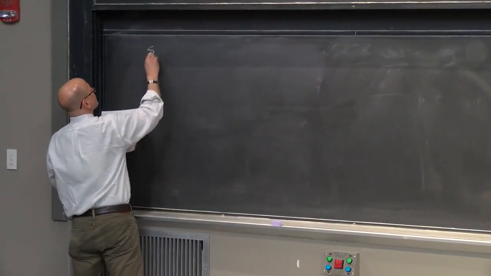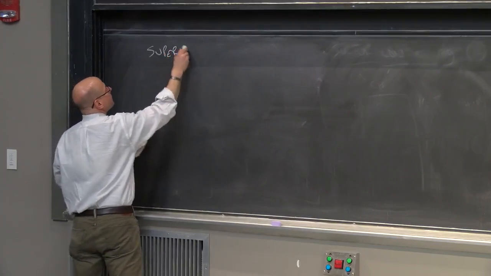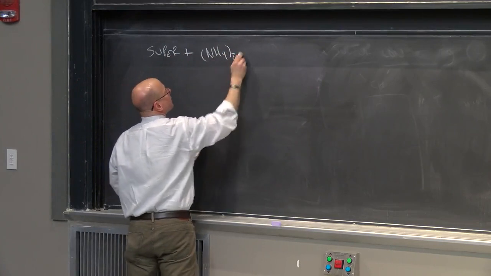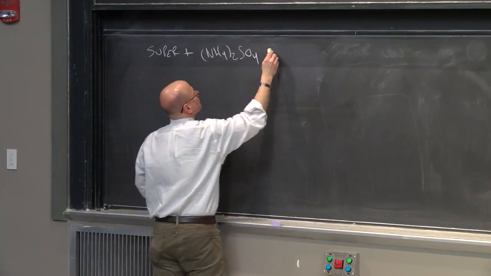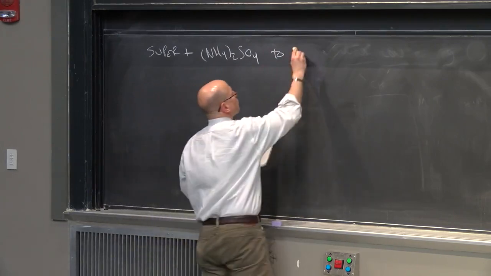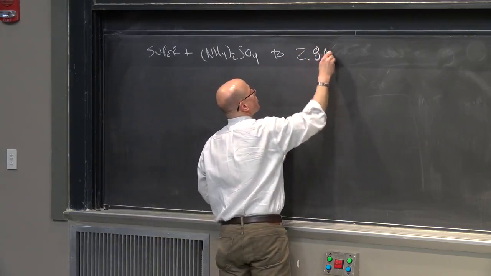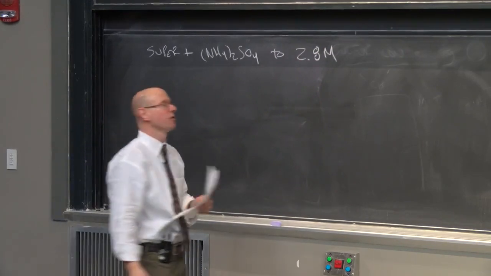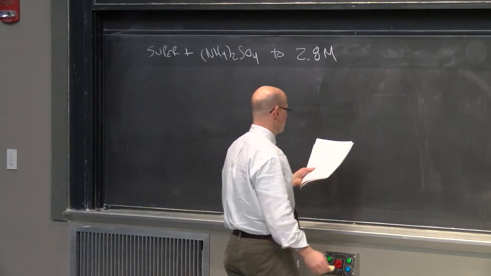Then I take the supernatant and I add more ammonium sulfate. Let's pick a number. I don't know, 2.8 molar. Could I have made this 3 molar? Yes. Could I have made it 4 molar? Yes. Could I have made it 2.6 molar? Yes. Anything greater than 2.4. Okay?